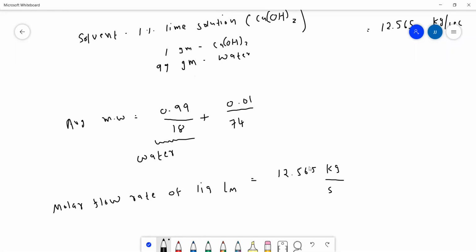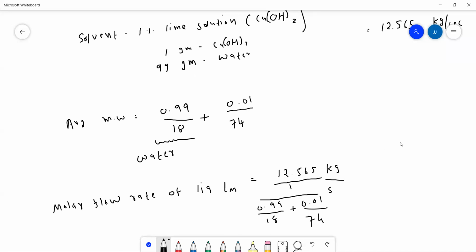So it should be 1 divided by 0.99 divided by 18 plus 0.01 divided by 74.